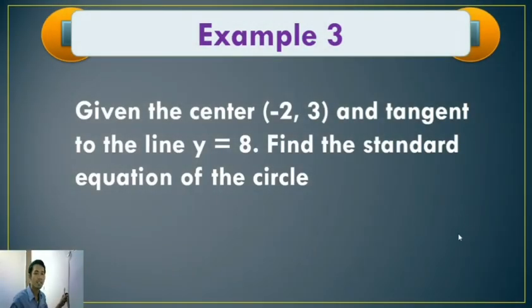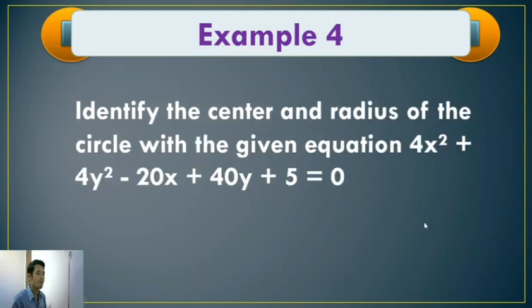Now let's proceed to another example. Example number 4: identify the center and the radius of the circle with the given equation 4x squared plus 4y squared minus 20x plus 40y plus 5 is equal to 0. Here we are given the general equation of a circle, so we're going to find the center and the radius.